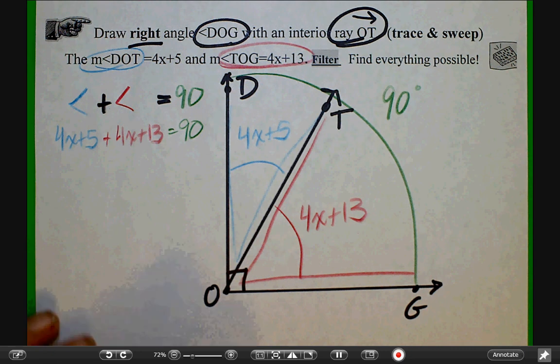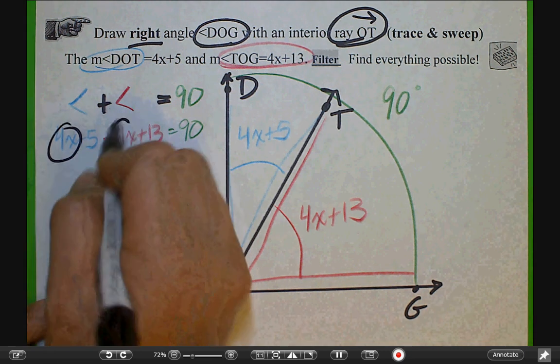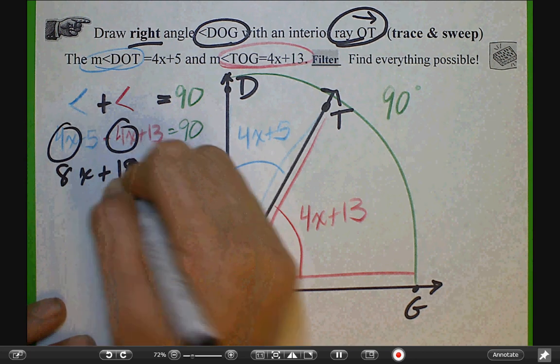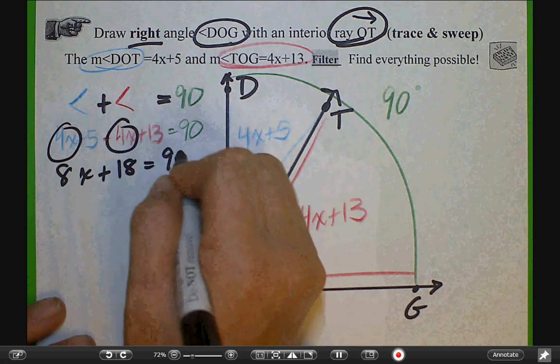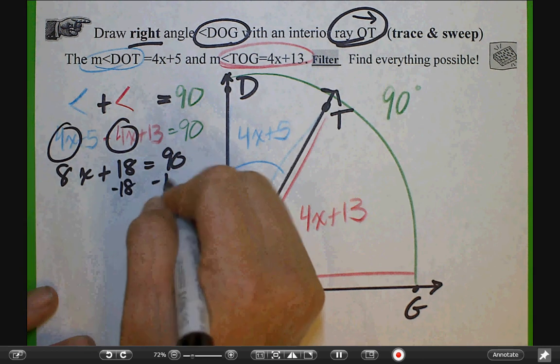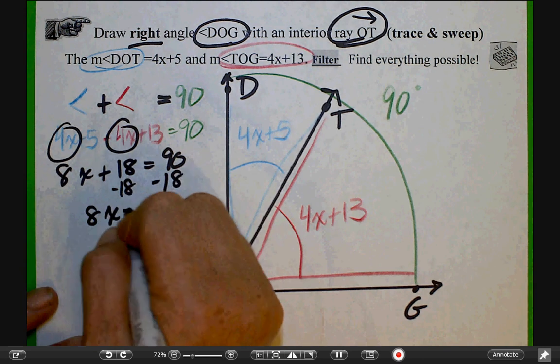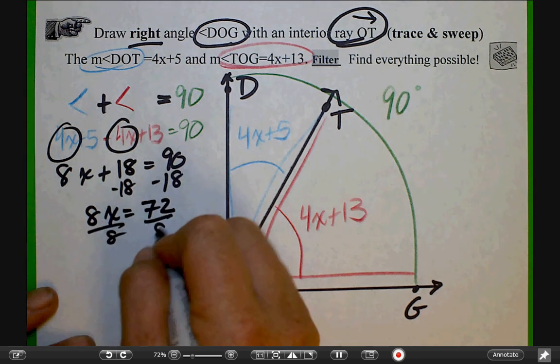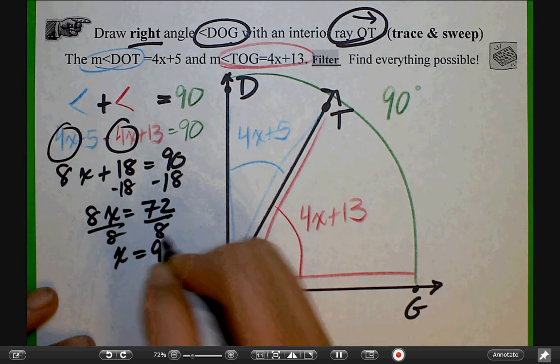From here, let's collect like terms. So I should have 8x plus 18 equals 90. Minus 18 both sides. I have 8x equals 72. Divide by 8. And of course x equals 9.